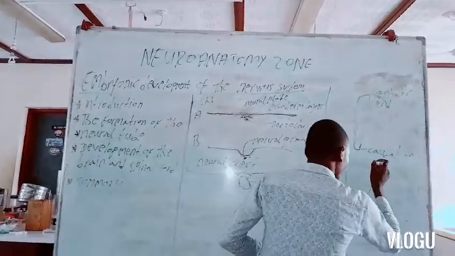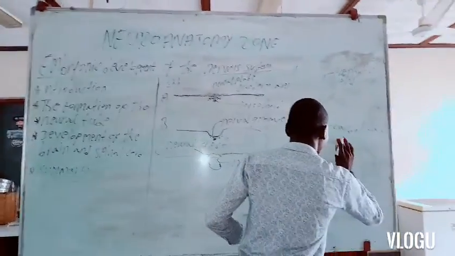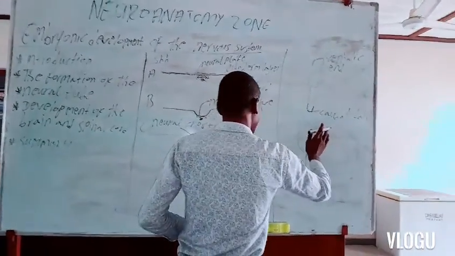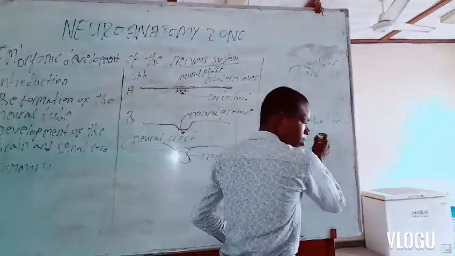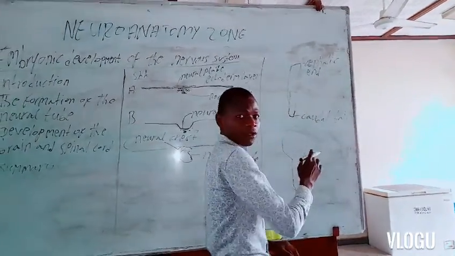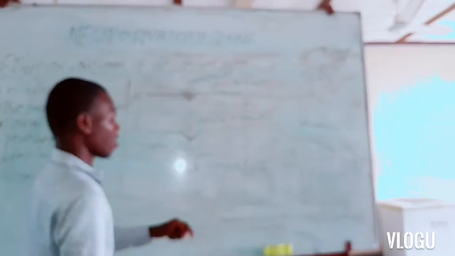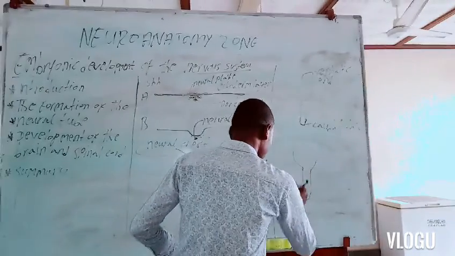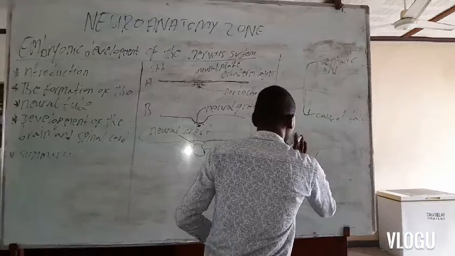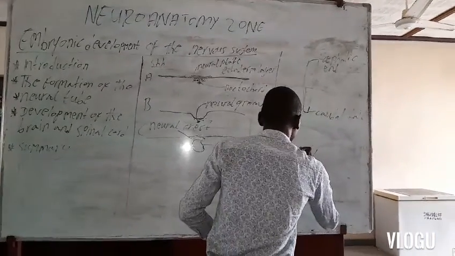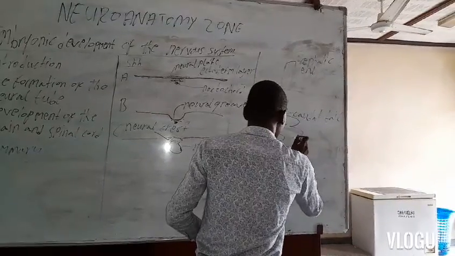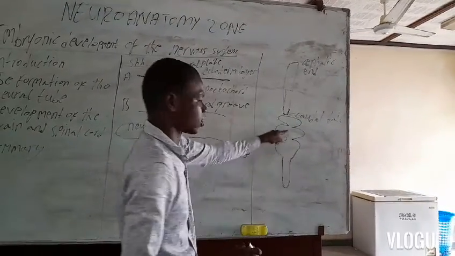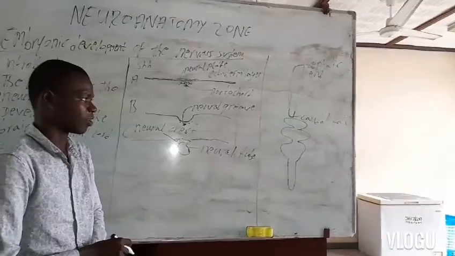Now, after the encephalic expansion, immediately after, the expanded encephalon, okay, will undergo further division to form 3 primary vesicles of the brain.